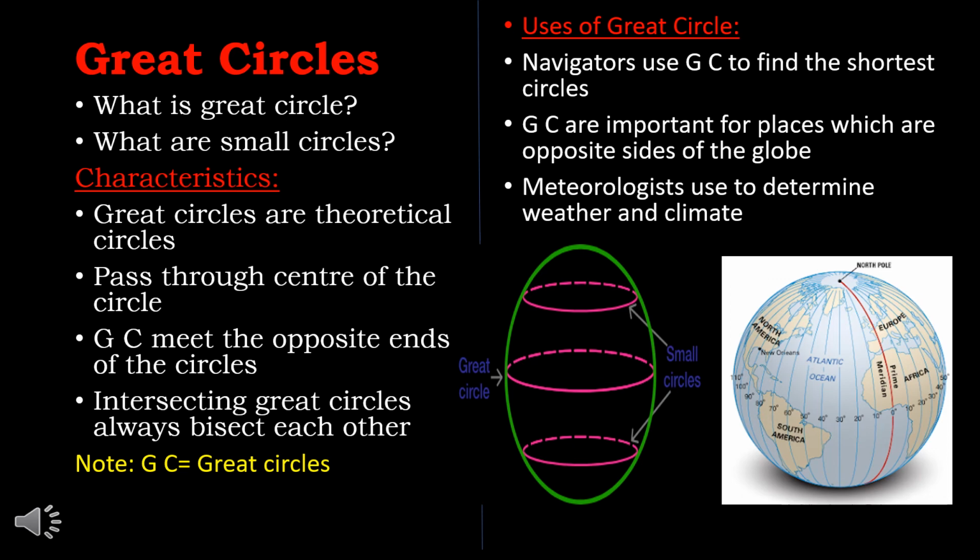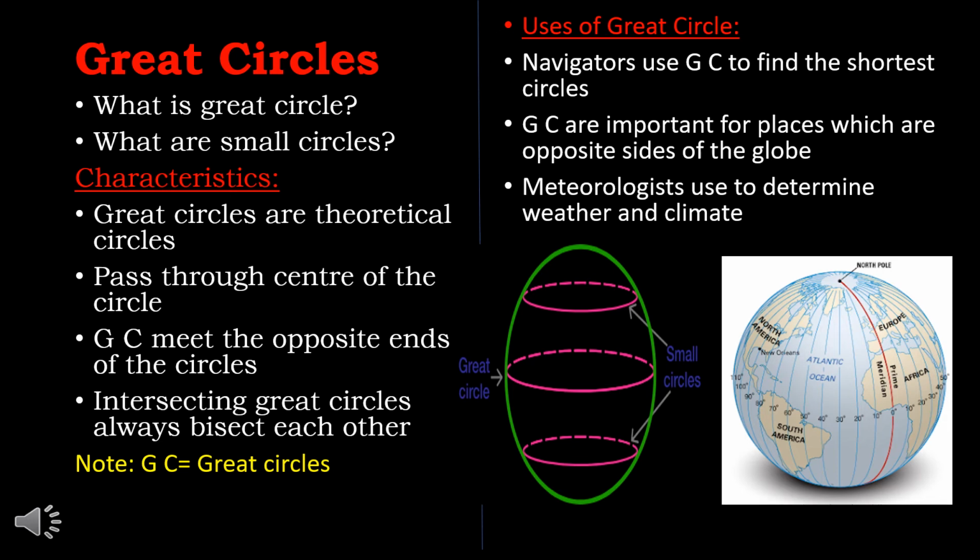Whereas except the equator, other latitudes are not great circles, they are small circles. Arcs of great circles are the shortest routes between 2 points on a sphere.